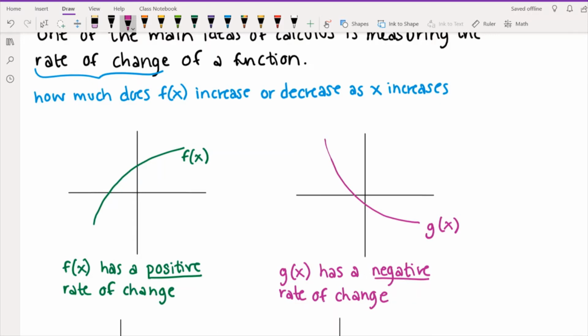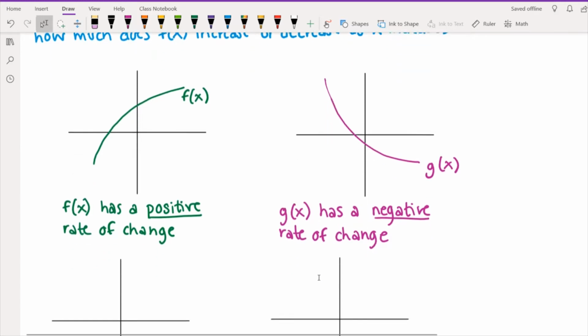Is it going down? Or you could have a graph that represents population as time goes on, and then the rate of change would tell you at what rate the population is increasing or decreasing. So that's why rate of change is such an important idea. It's a really good way of measuring different natural phenomena and describing the behavior of population or temperature or distance or any of those things.